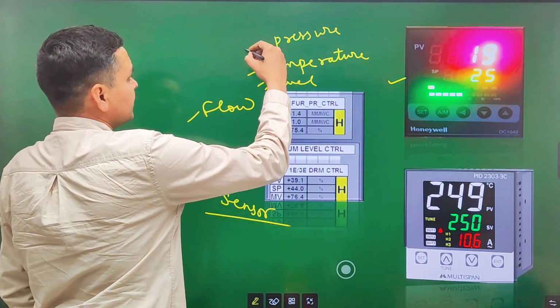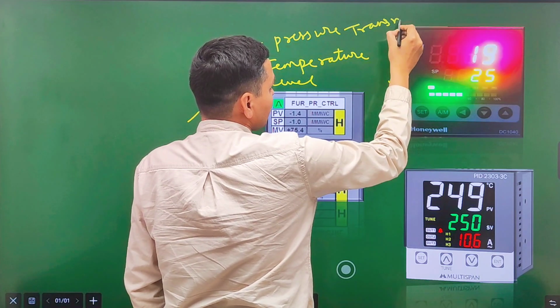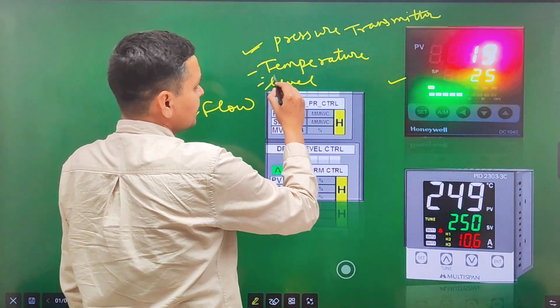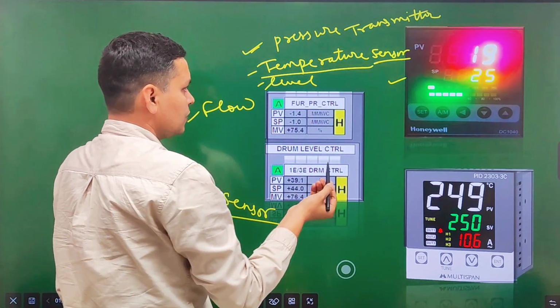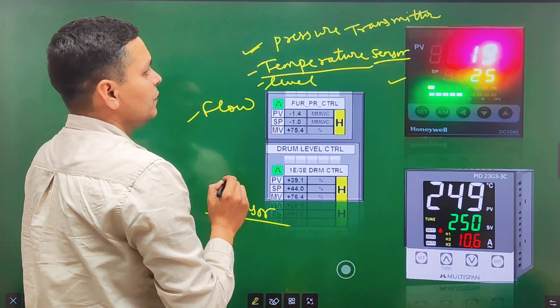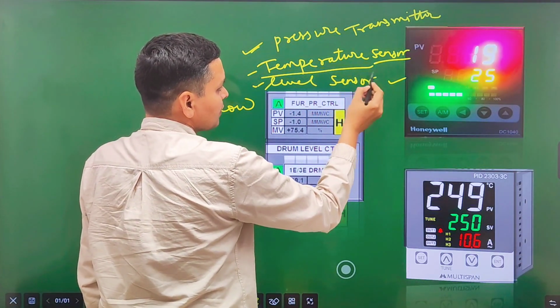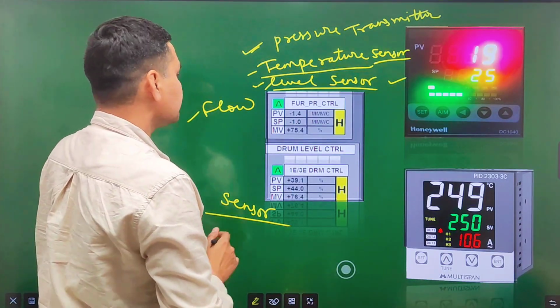If we are controlling the pressure, then we will use a pressure transmitter. If we are controlling the temperature, then we will use a temperature sensor, RTD or thermocouple. If we are controlling the level, we will use a level sensor or level transmitter, DP type pressure transmitter.